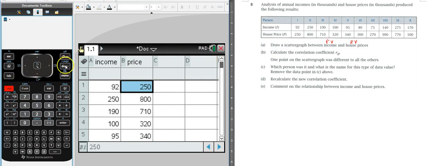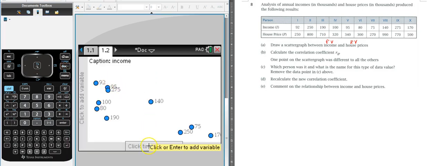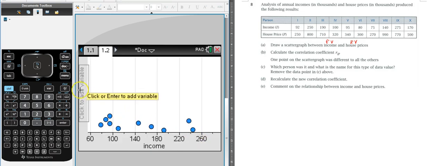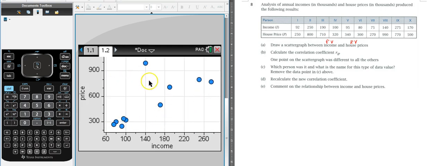I press Control, Document, Add Data and Statistics. Okay, so your X variable is the income, and the Y axis will be the house price. So this will be my scatter plot. So they just ask to draw. So I've done the first one.